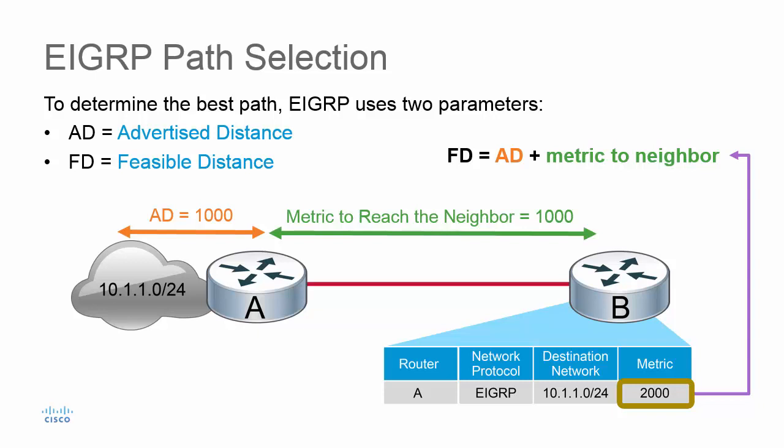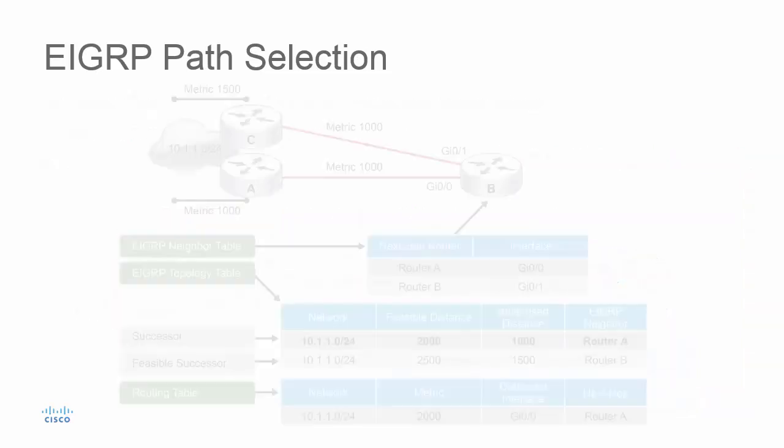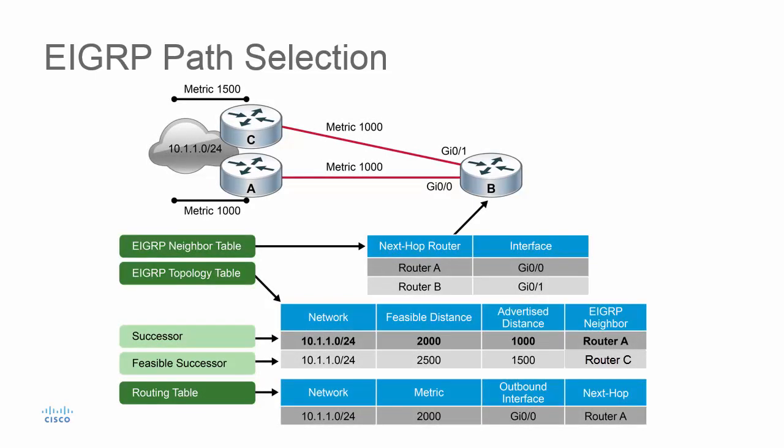A router configured for EIGRP compares all feasible distances to reach a specific network and then selects the lowest feasible distance and places it in the routing table. The feasible distance for the chosen route becomes the EIGRP routing metric to reach this network in the routing table. The EIGRP topology database contains all the routes that are known to each EIGRP neighbor.